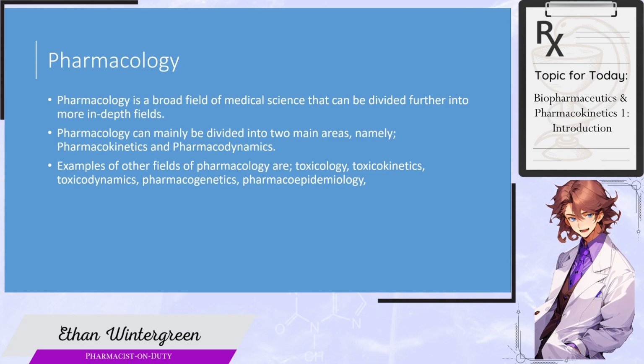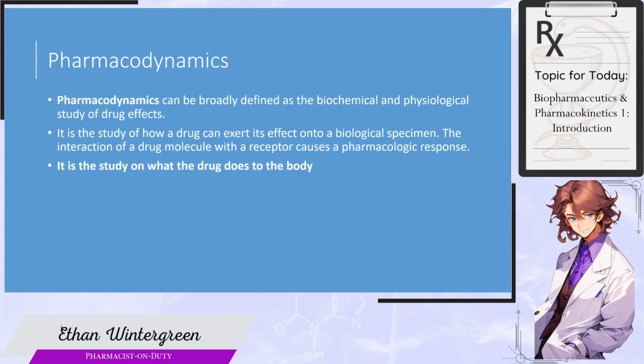Pharmacodynamics, you have already tackled in your Pharmacology 1. You have discussed how drugs work, what their mechanisms of action are, and how they exhibit their effects or their adverse effects. Pharmacokinetics, on the other hand, I will be discussing later. It's the other half of the main division of pharmacology. Other examples of pharmacology are toxicology, toxicokinetics, toxicodynamics, pharmacogenetics, and pharmacoepidemiology.